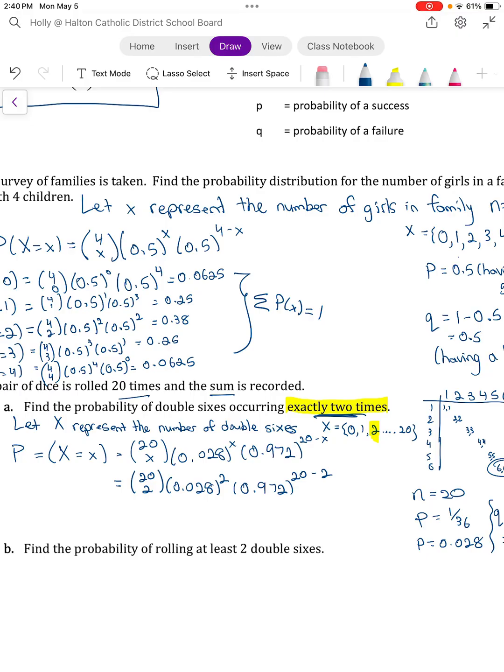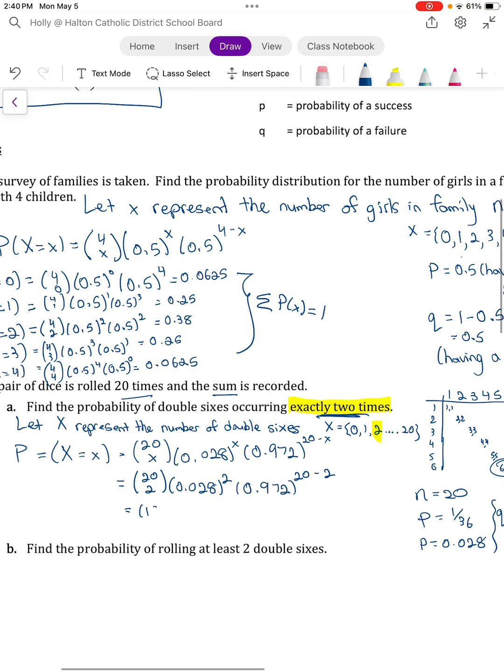So this here would give me 190 times 0.00078 times 0.5998. So in total, I get 0.089. And this is probability.